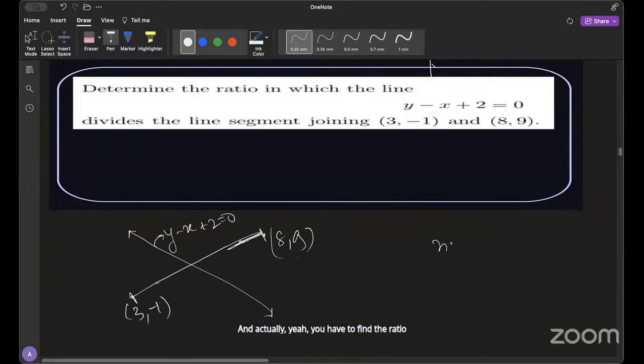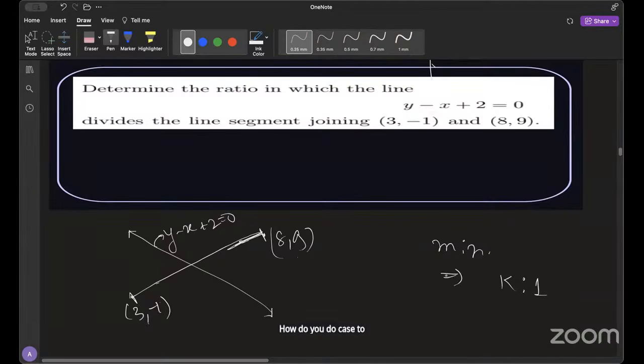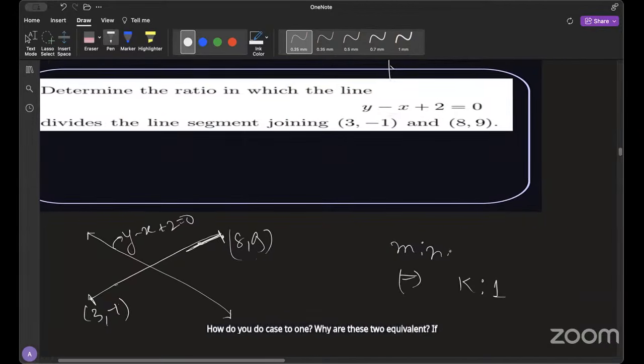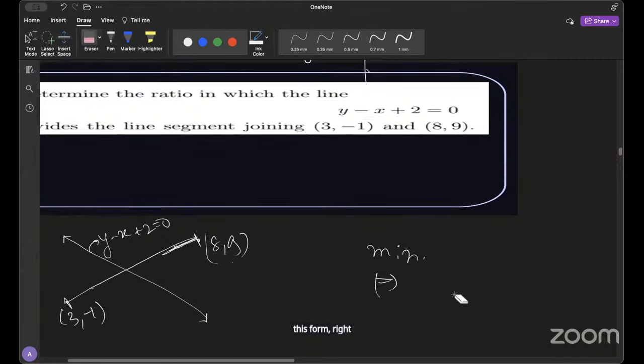So one way is to take m is to n, but it's always easier to take k is to 1. Why are these two equivalent? If you're writing it in m is to n ratio, then you can also write it as m by n is to 1. These two mean the same thing, and you can take this entire thing to be k.